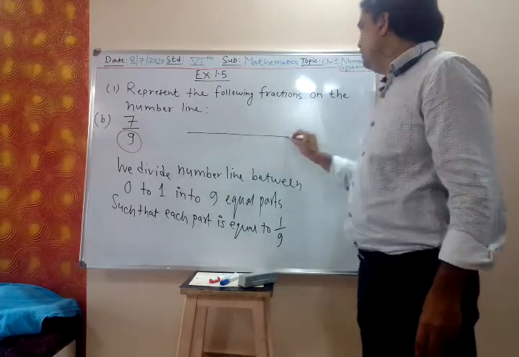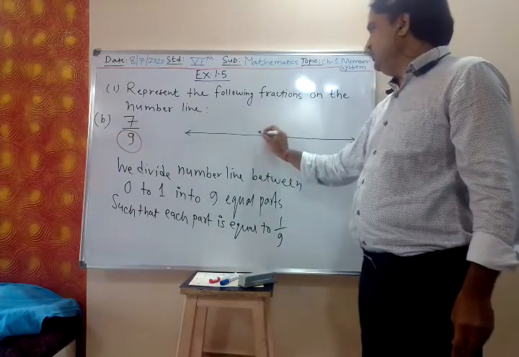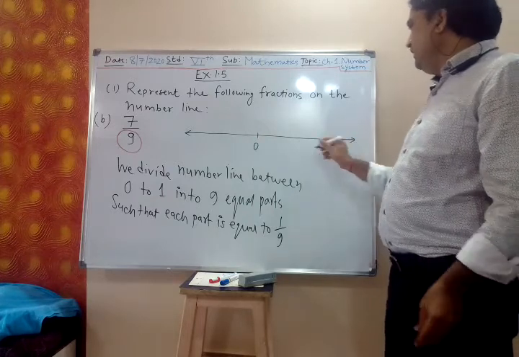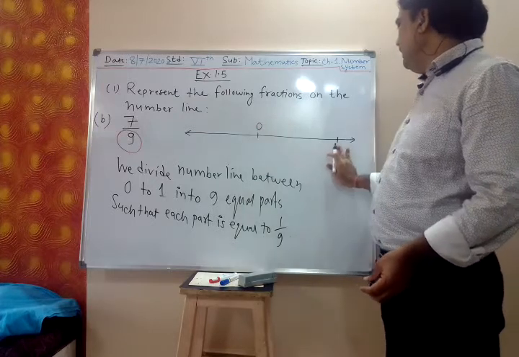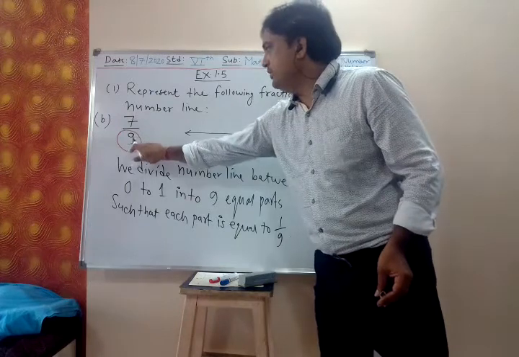Yes, mute the microphone. So now this is 0 and this is 1. I will divide the number line between 0 to 1 into 9 equal parts, because the fraction is 7 upon 9, denominator is 9.